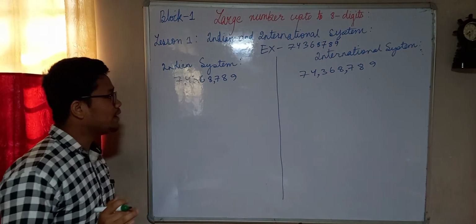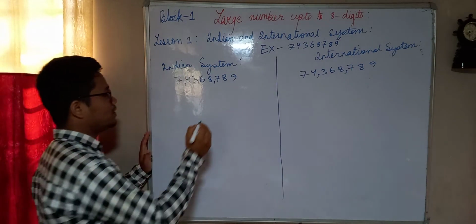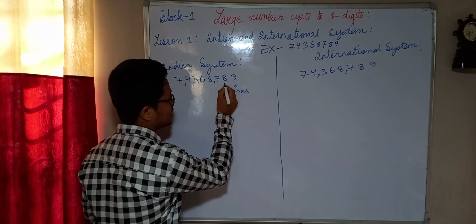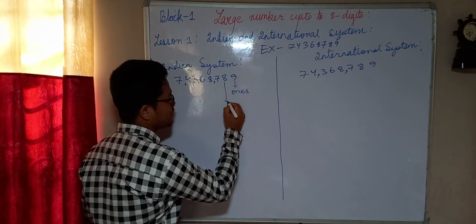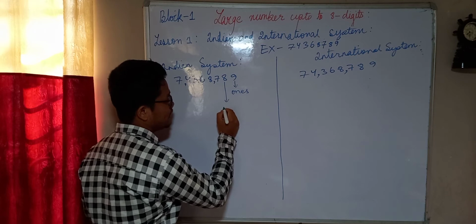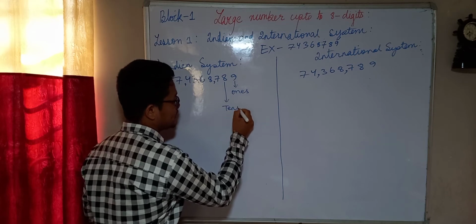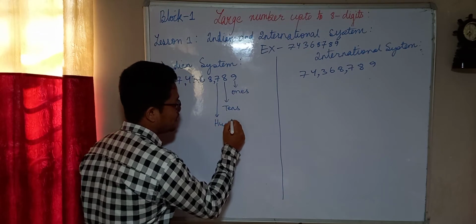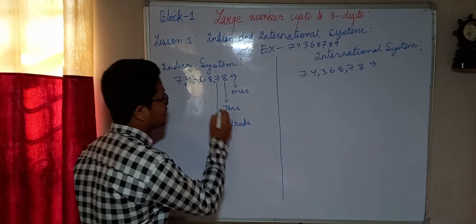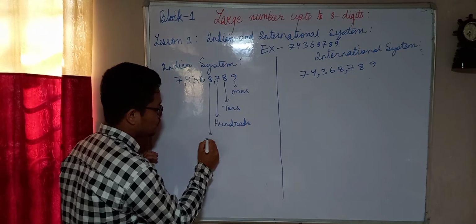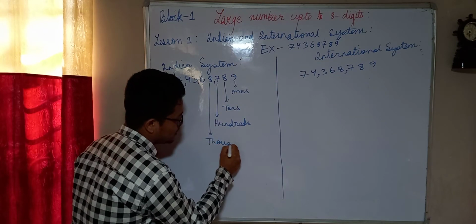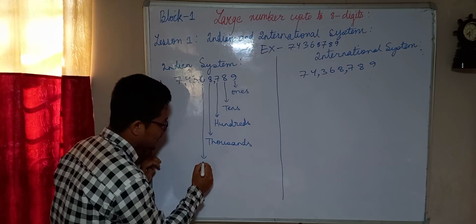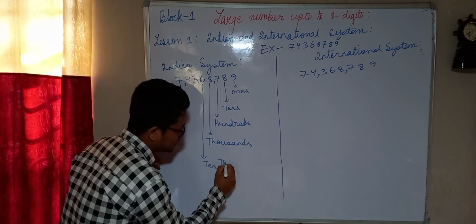Now in the Indian number system we have learned that the first digit is known as ones. Then this will be your tens, and this will be your hundreds. This will be your thousands, and this will be your 10,000s.